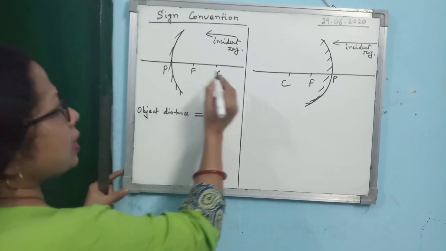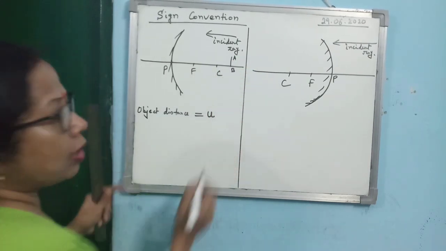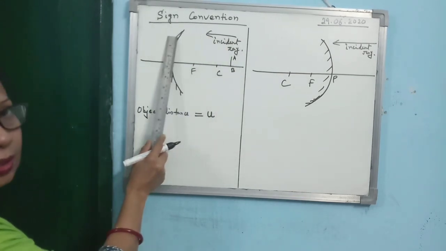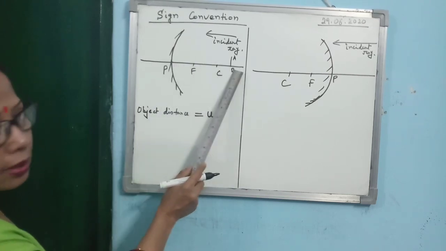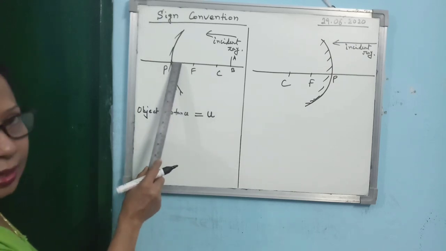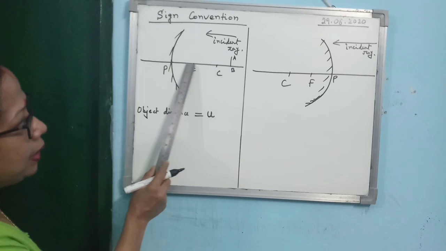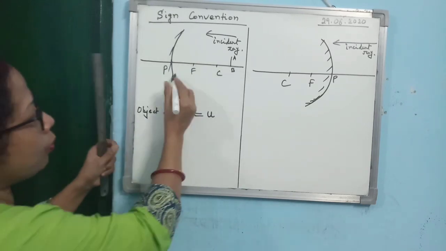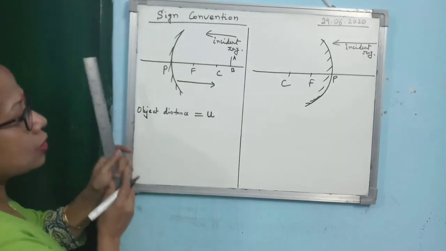So you see, I am giving you the example. Suppose one object is here, AB. Alright. Then you see what is the direction of the incident ray, in this direction. Now what is the object distance U? PB is the object distance. So when we measure the object distance, what should be your starting point? P. So you see, when you are measuring the object distance, you are going from P to B. Alright. So in front of the mirror, when you are measuring the distance in this direction, then just look at this.